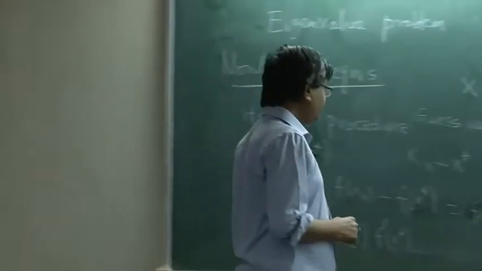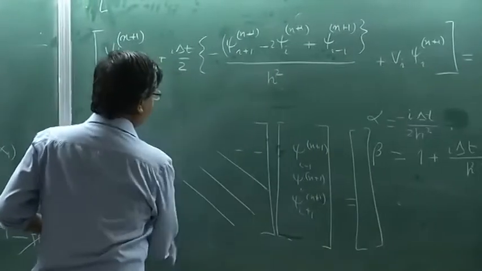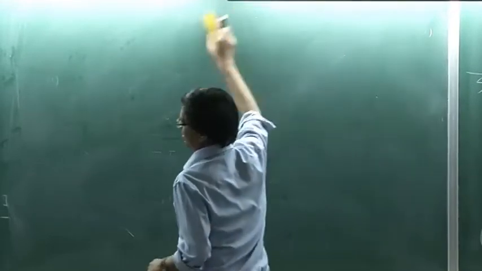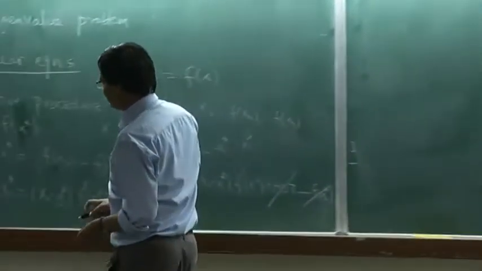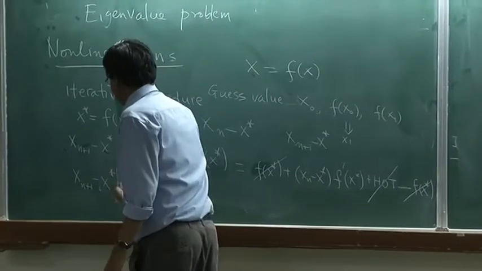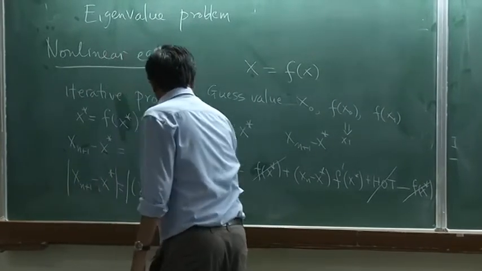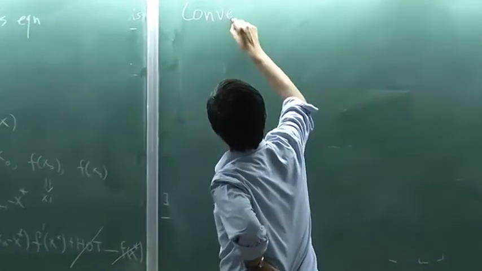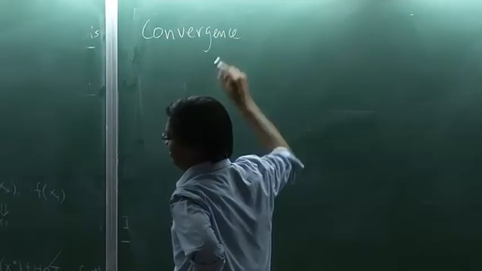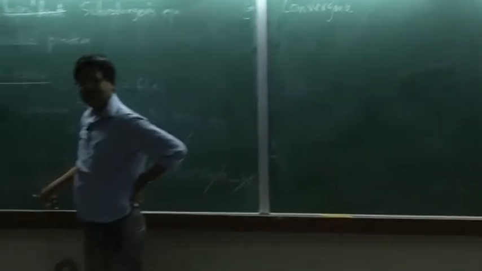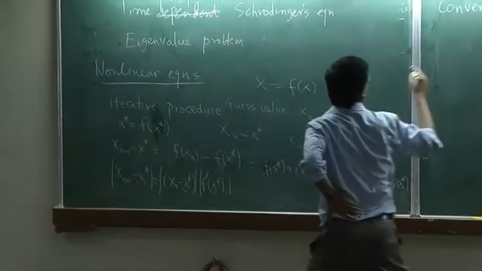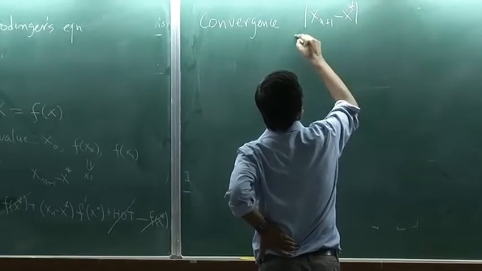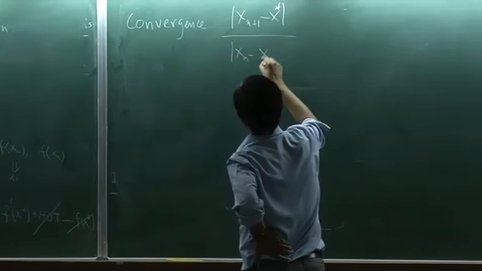Now, if you are close to the solution, then I know the condition. Take the modulus on both sides. The condition of convergence is that this must be less than this, that is, the modulus of x_(n+1) minus x star divided by x_n minus x star should be less than 1.